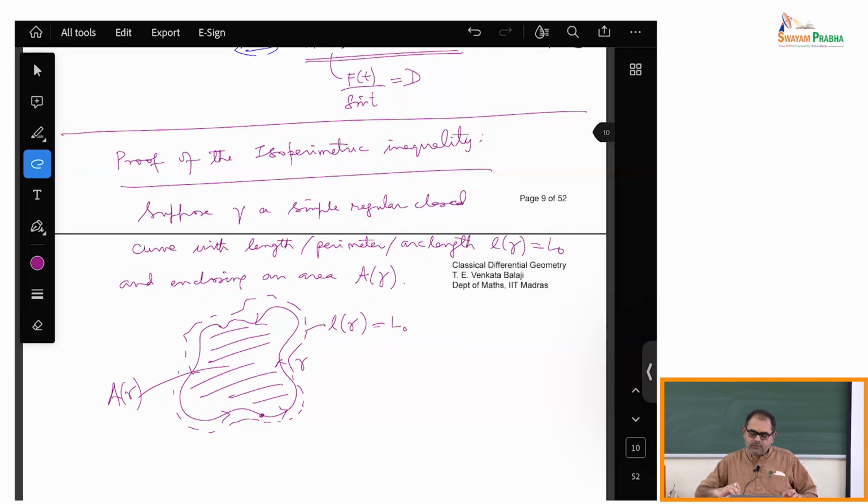Now, there are a few things already at work here. You see, to make sense of the area enclosed by a curve, okay, you already need the Jordan curve theorem, okay.